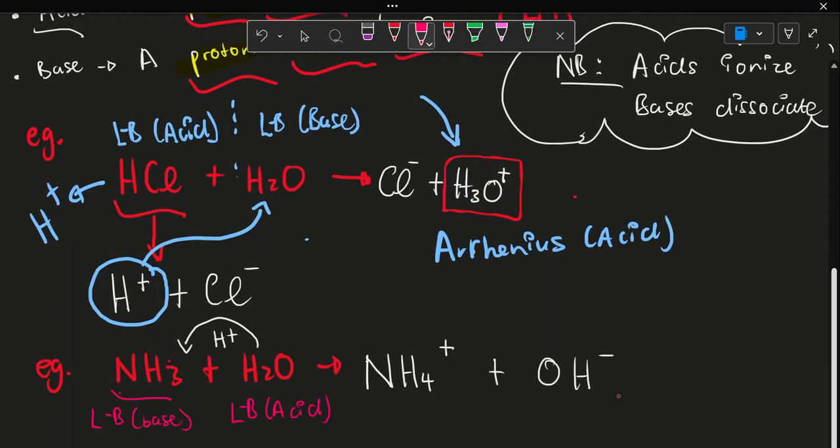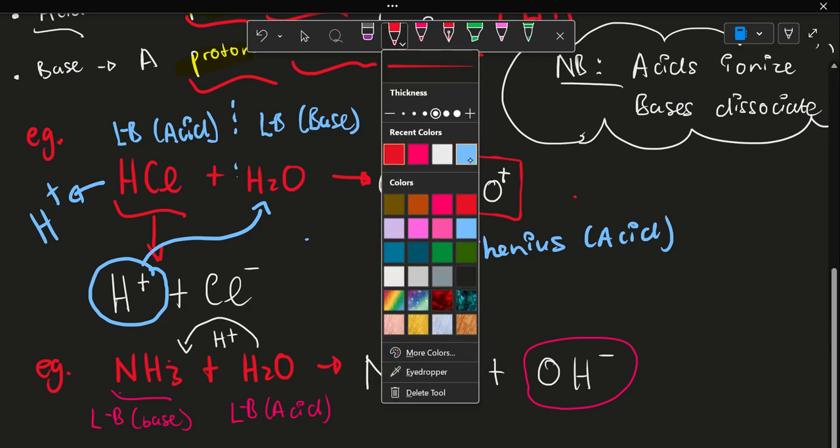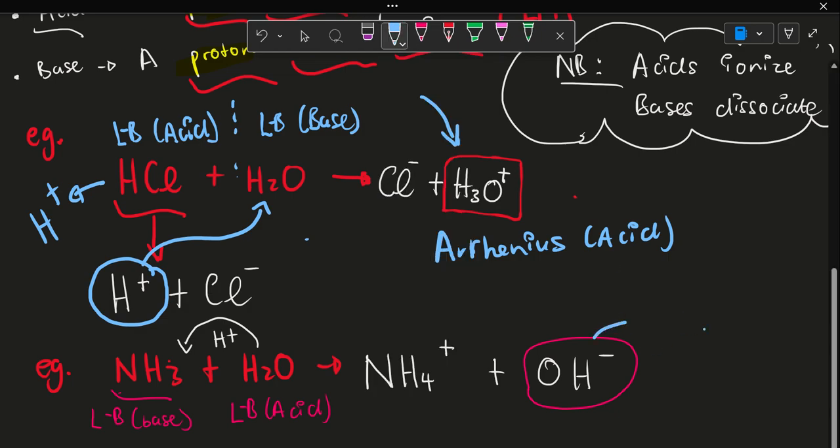So we've produced an OH minus ion, which already qualifies ammonia to be an Arrhenius base, because it produced OH minus ions.